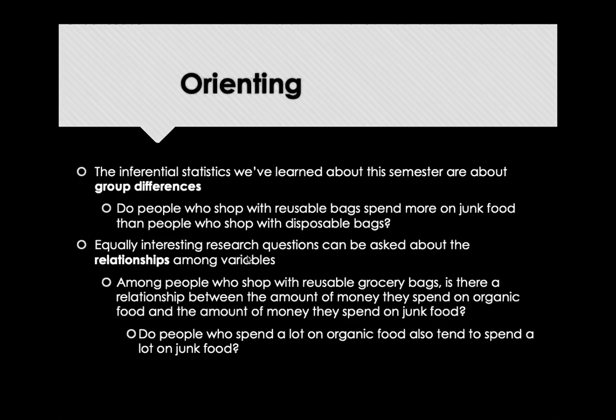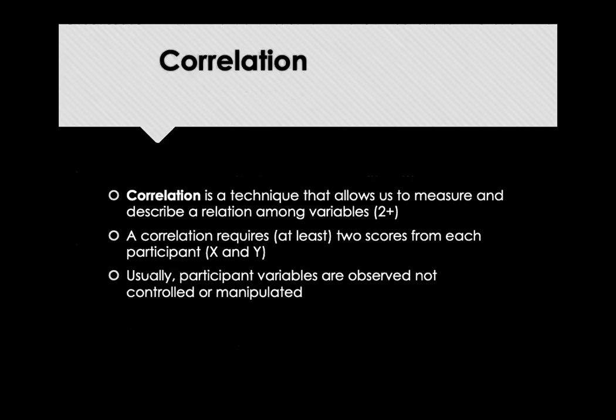What's the relationship there, right? If somebody spends a lot on organic food, do they also spend a lot on junk food? Do they just buy a lot of food in general? Or is that not necessarily the case? And that sort of question, where you're looking at relationships versus differences among groups, would be examined using correlation.